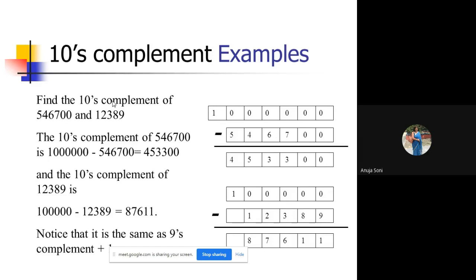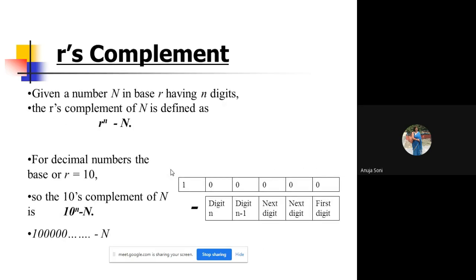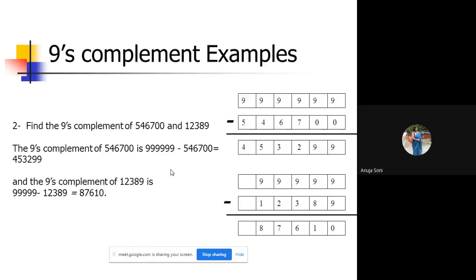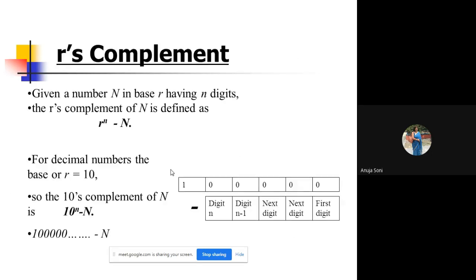So in this slide, they directly have substituted the value of base as well as the number in the given formula in order to get the value of tens complement. But else the meaning is same. Ultimately, we are doing the same thing. Either we go by nines complement first and then we add, or we directly substitute the values in the tens complement formula.